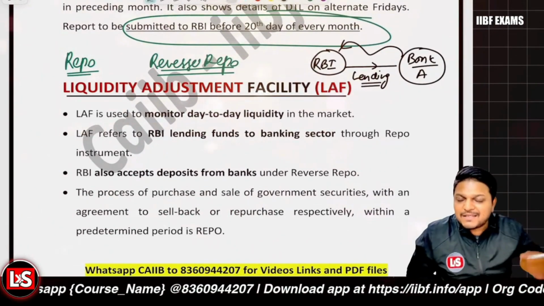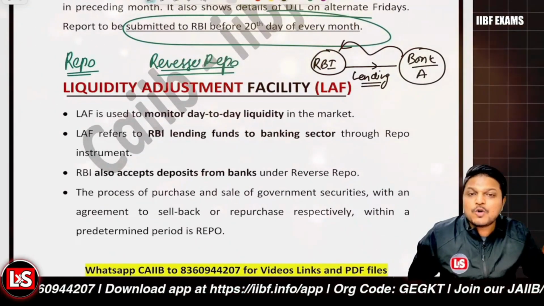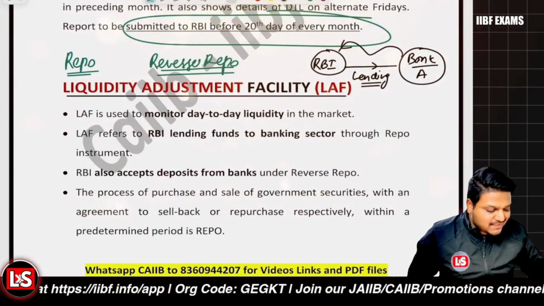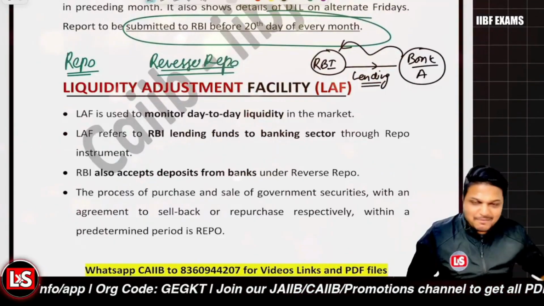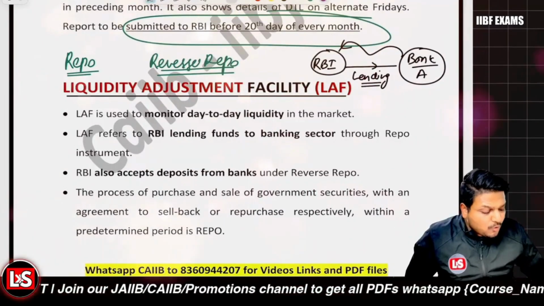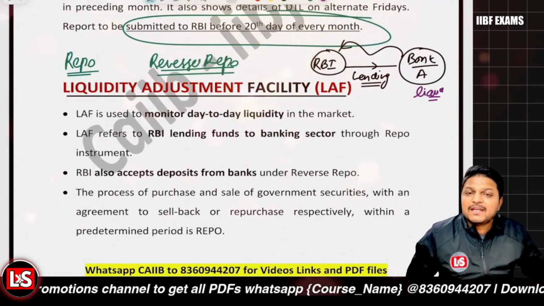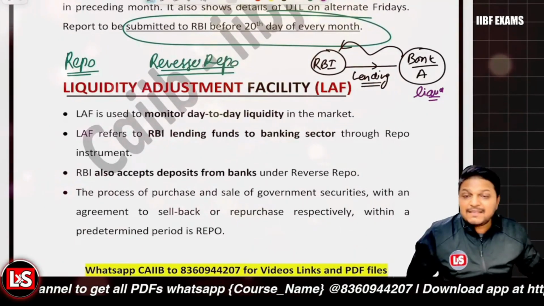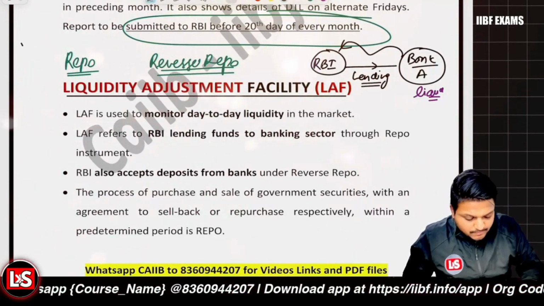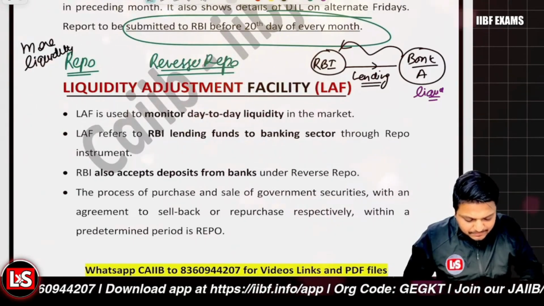When the RBI is lending the money, there is more money in the market. The rest of the concept is clear: the bank places excess securities with the Reserve Bank of India, and RBI lends the money. When RBI lends the money, there will be more liquidity in the market. So repo means more liquidity in the market.